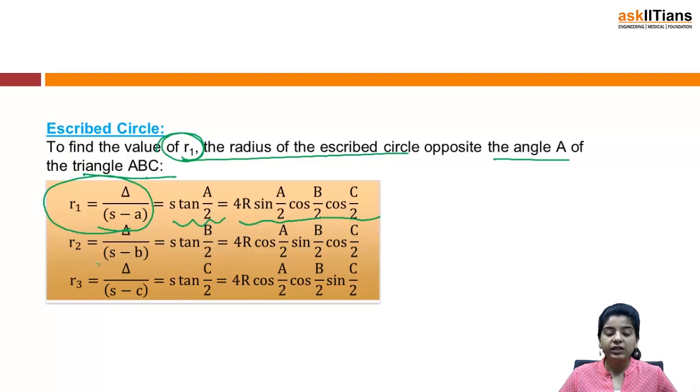Then R2 is delta by (s minus b), that is equal to s tan B by 2, and that is equal to 4R cos A by 2 sin B by 2 cos C by 2. R3 is delta by (s minus c), is s tan C by 2, is 4R cos A by 2 cos B by 2 sin C by 2.